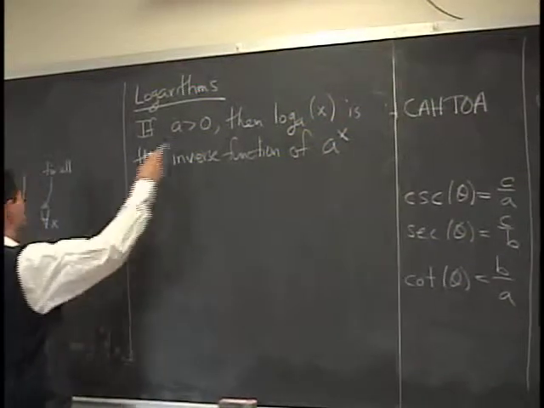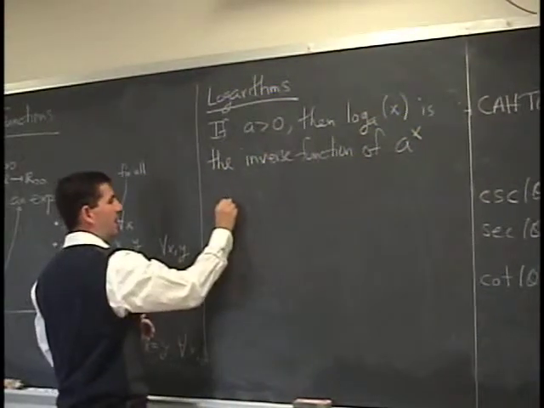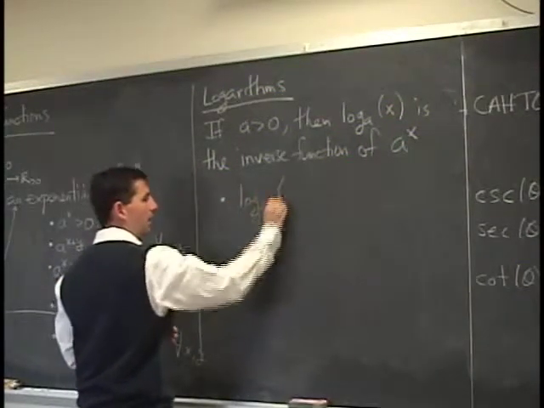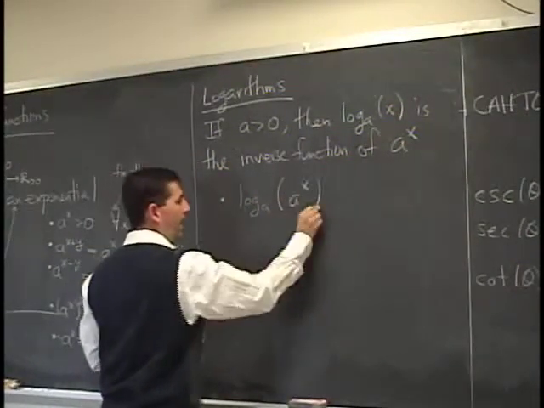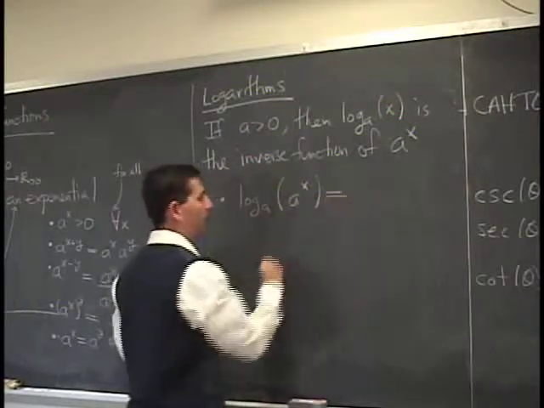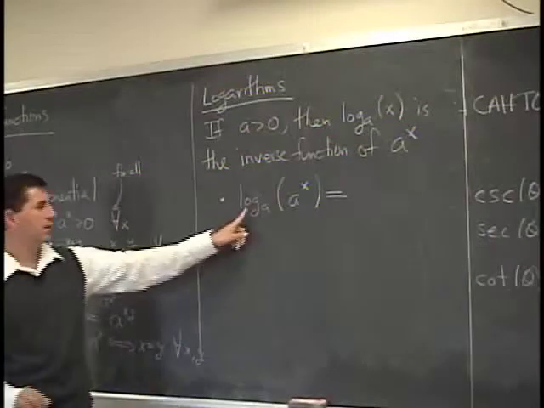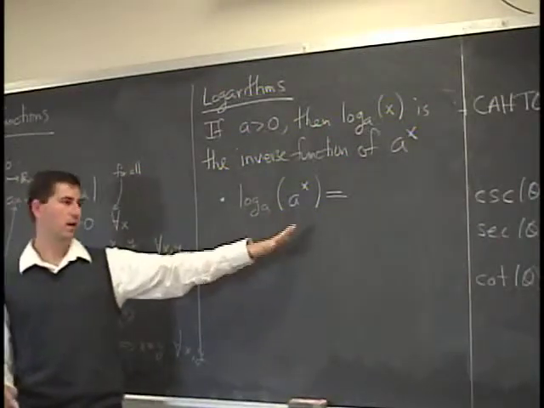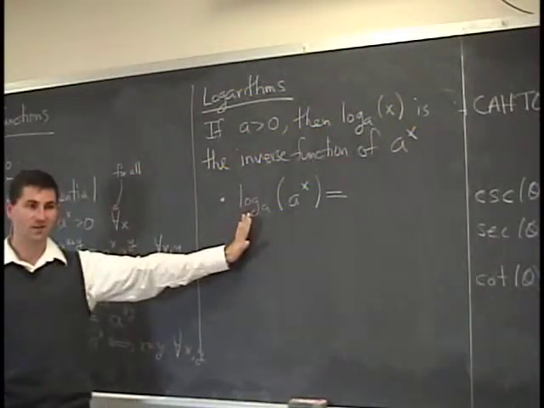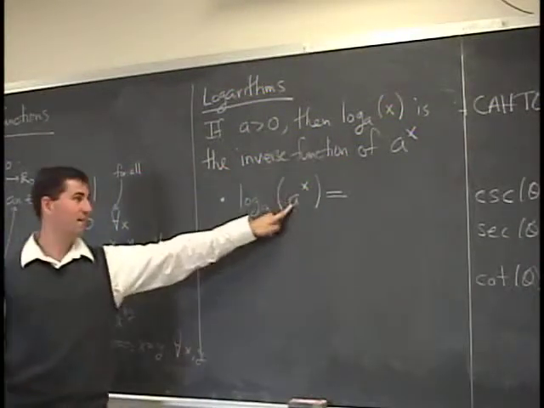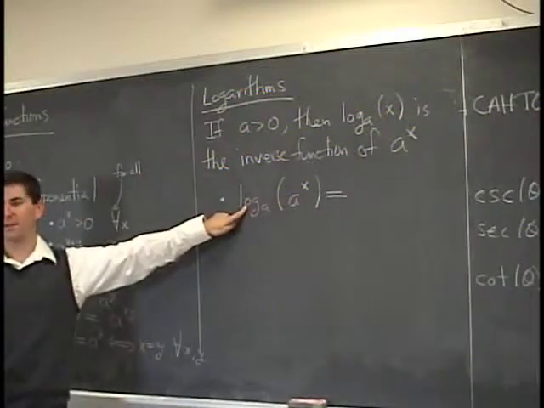So let's see how that applies in this case. If I take, say, the logarithm, base a, of a to the x, what should I get? Well, this is a composition of two different functions, a function and its inverse function. I start with x, I play the tape, and then I rewind the tape.